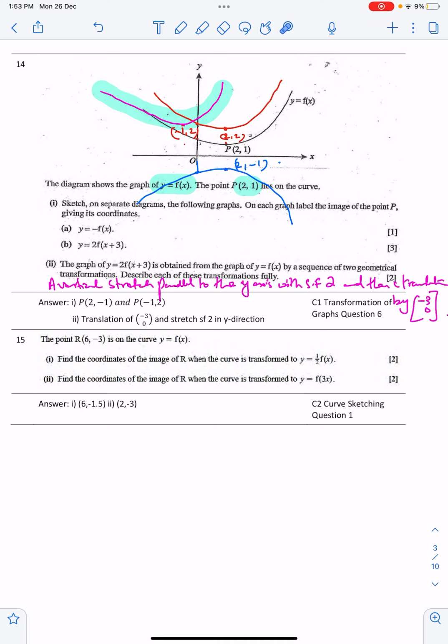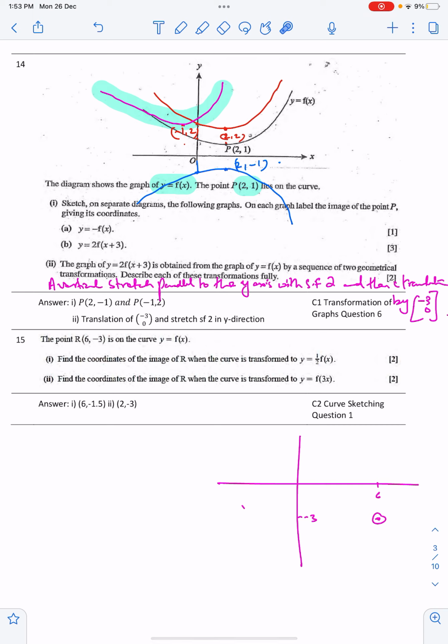Okay, then we move on to question number 15. The point R (6, -3) is on the curve y = f(x). If we just try and locate it, (6, -3) is going to be this point. Now find the coordinates of the image of R when the curve is transformed to y = ½f(x). The half before this means it's a vertical stretch with stretch factor half.